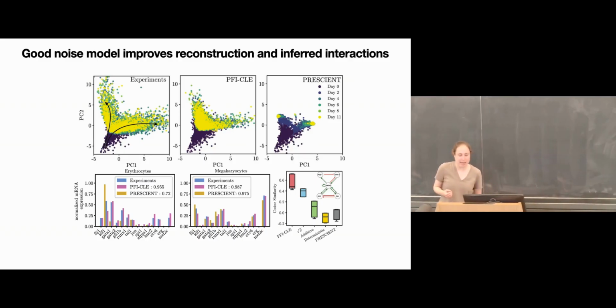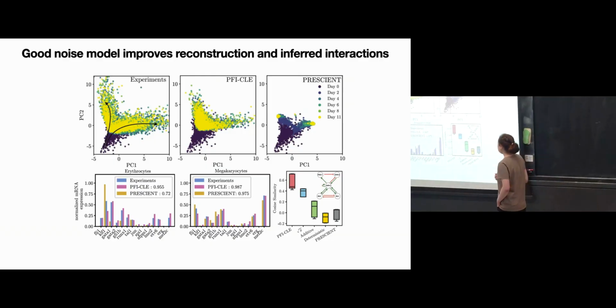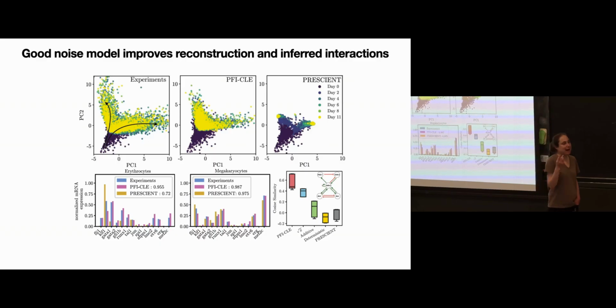So the main message of that is that what form of the noise is put in here actually really matters for whether the correct interactions in the system are recovered.